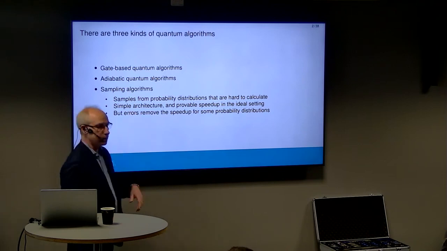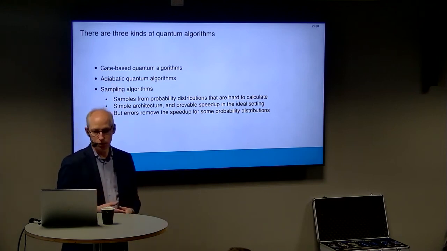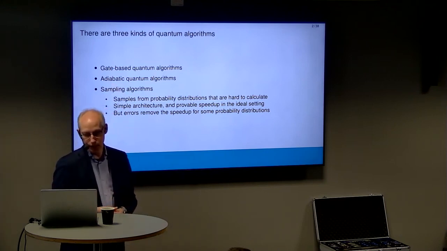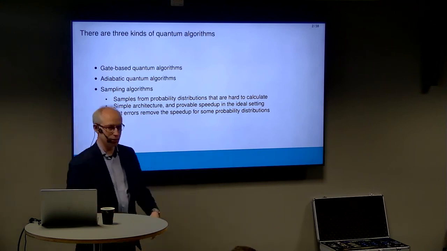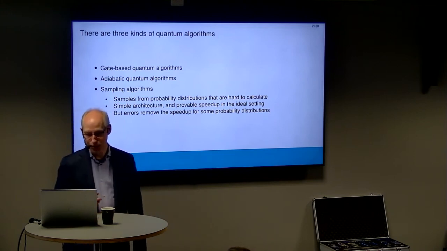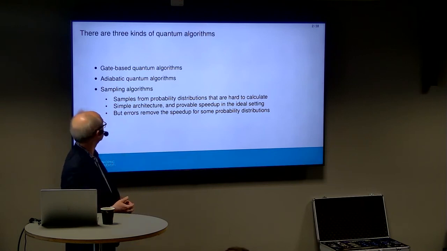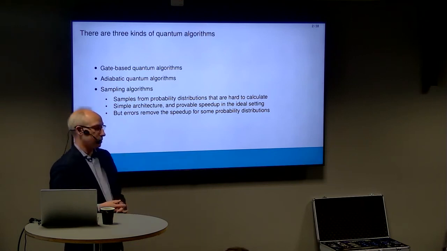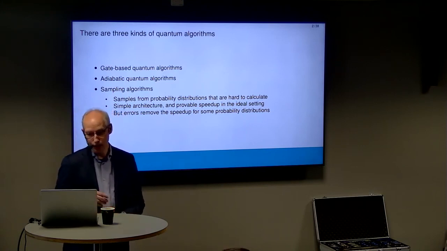Also, it's simple to build. Simple architecture, so it's cheaper to build these things than the other two. And you can show more reliably that you actually have a speed up. Here, the problem is that errors remove the speed up for some probability distributions. As soon as we have noise in the machine, we can do as well with a classical machine as with a quantum machine. But like I said, this is just some sort of overview. I'll try to just talk about the gate-based quantum algorithms, what they do, and the reason they give you a speed up.